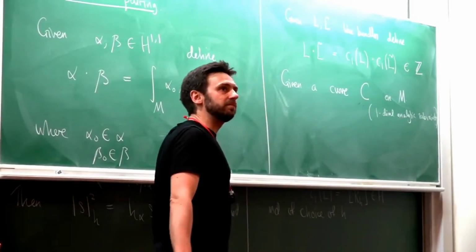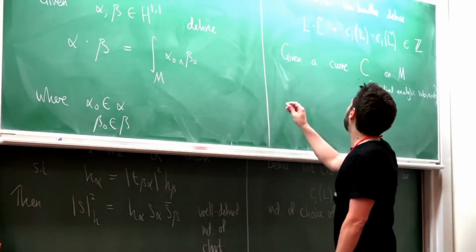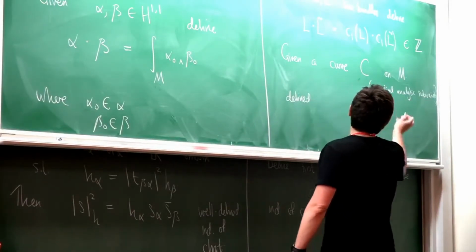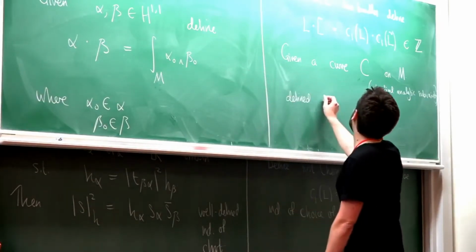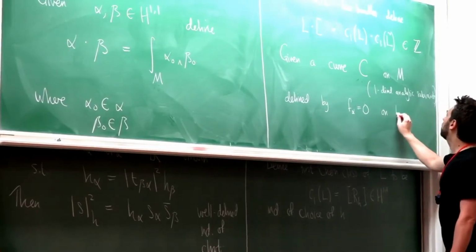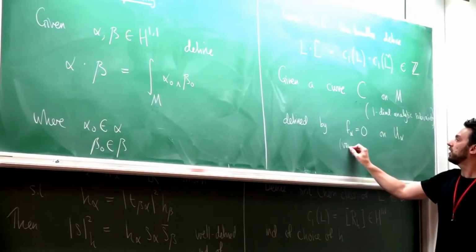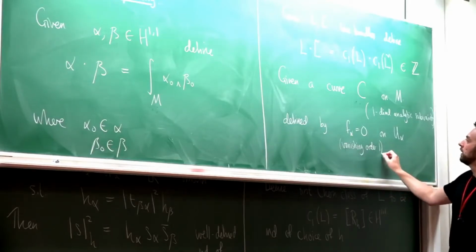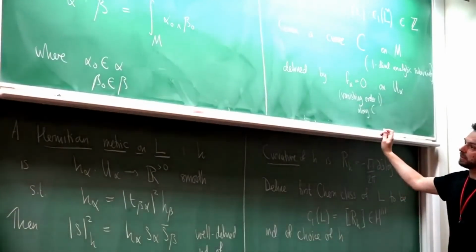So there'll be genuine complex submanifolds of complex dimension 1. So given a curve C on M, being an analytic subvariety means it's locally defined by the vanishing of an analytic function, f alpha is 0 on U alpha. So F alpha is vanishing to order 1 along C.